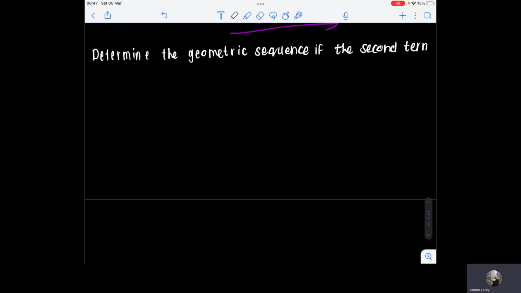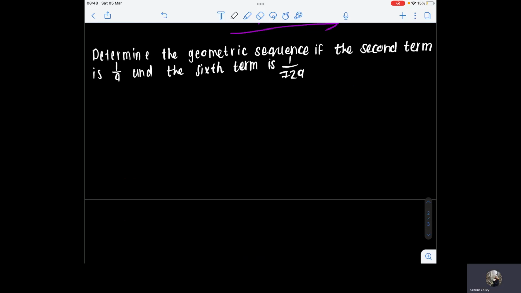So determine the geometric sequence if the second term is 1/9 and the sixth term is 1/729. So let's have a look at this one.